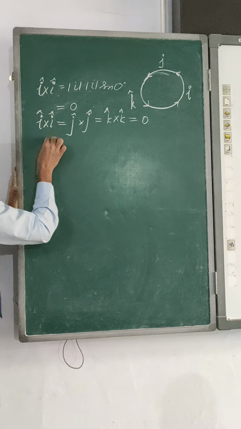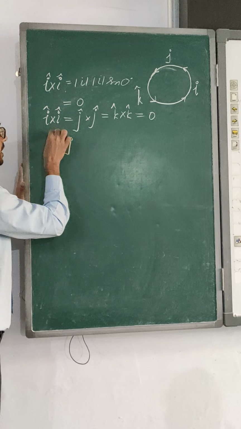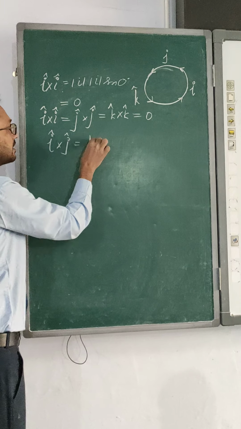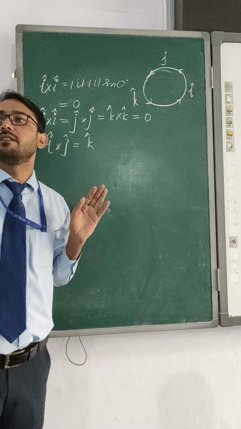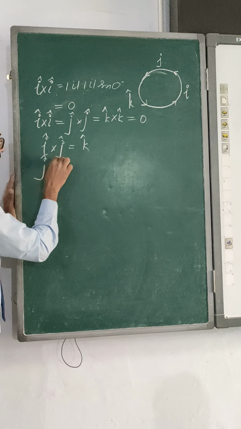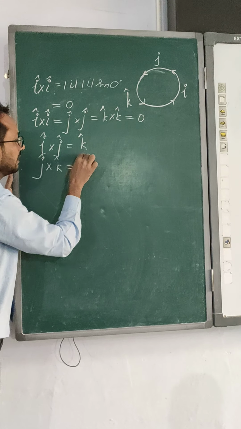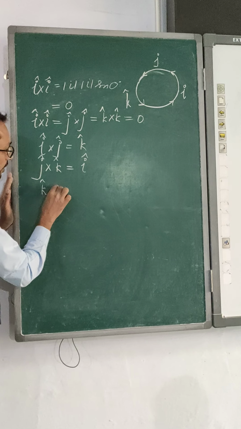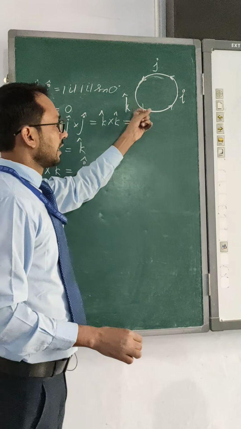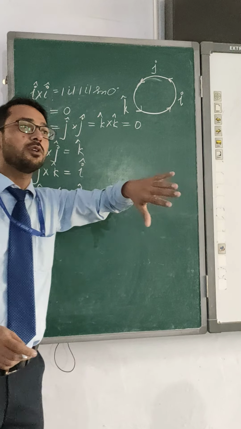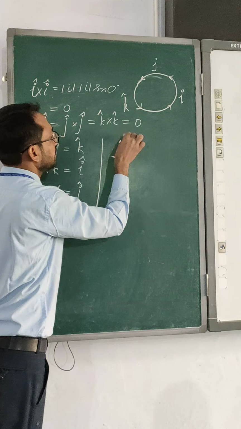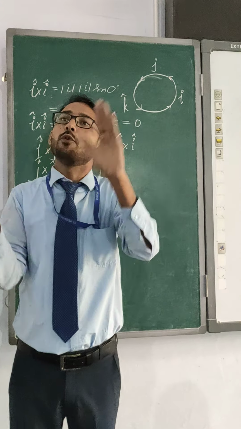But I cross J will give me the result K. Same as J cross K will be I, and K cross I will be equal to J. If we do not follow the right-handed system, that is J cross I, then it is just the opposite rotation.